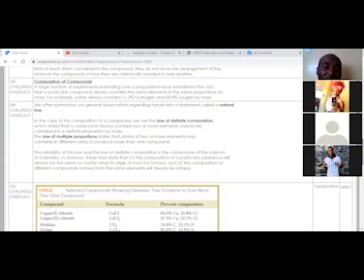The 2 that we're interested in are the law of definite composition, which states that a compound always contains 2 or more elements chemically combined in a definite proportion by mass.